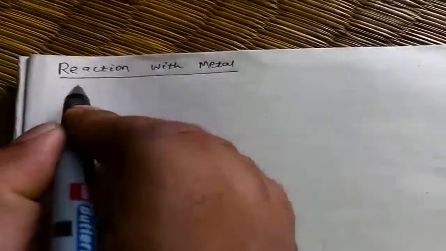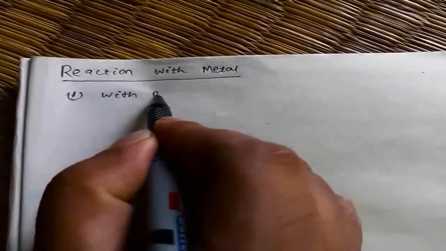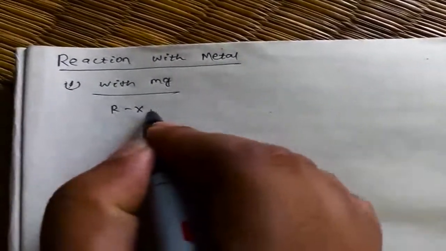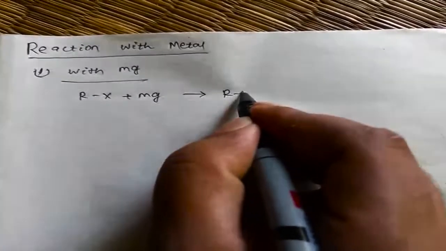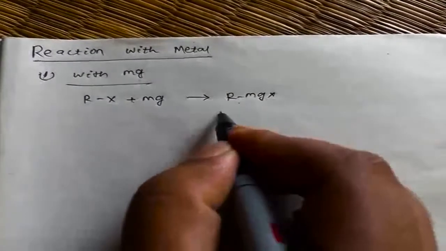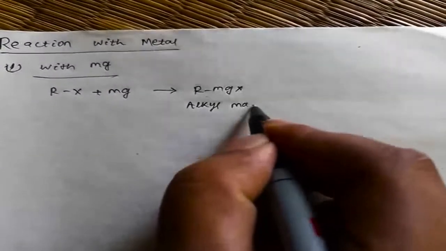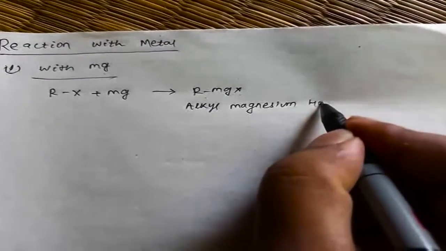Another chemical property of alkyl halide is reaction with metals. First, with magnesium. Alkyl halide RX reacts with magnesium to give RMgX, where R means alkyl, magnesium, halide.